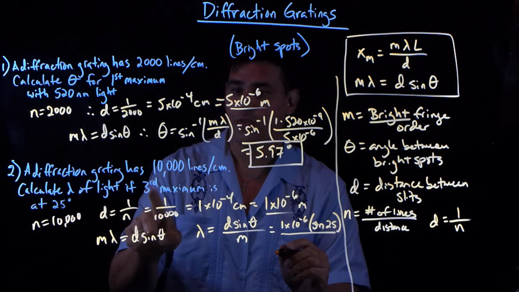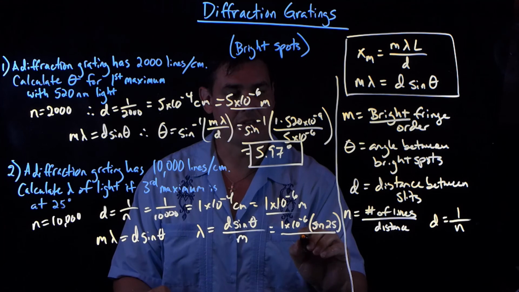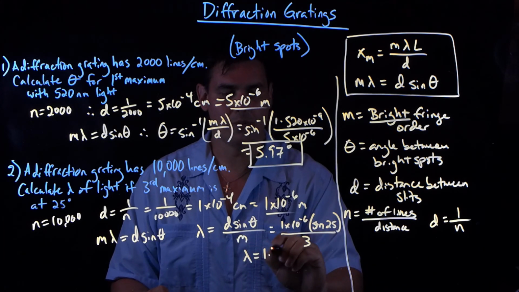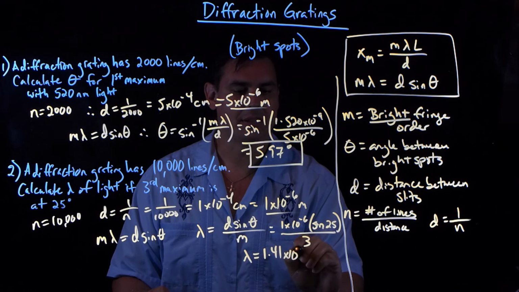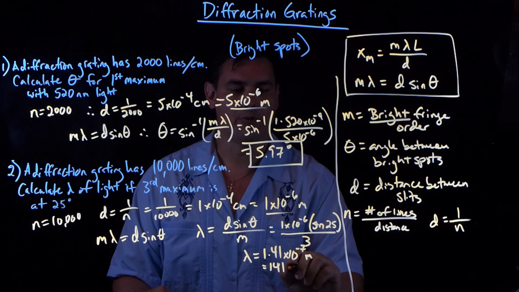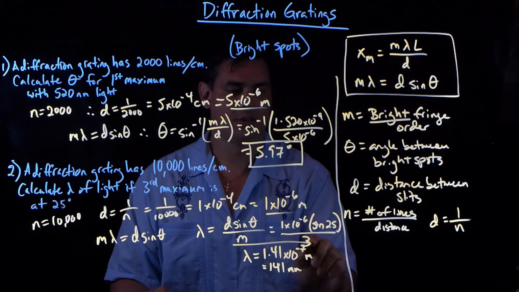I said third maximum, so my m is going to be 3. And so if you do this, you get a lambda of 1.41 times 10 to the minus 7th meters, or 141 nanometers, which kind of makes sense.